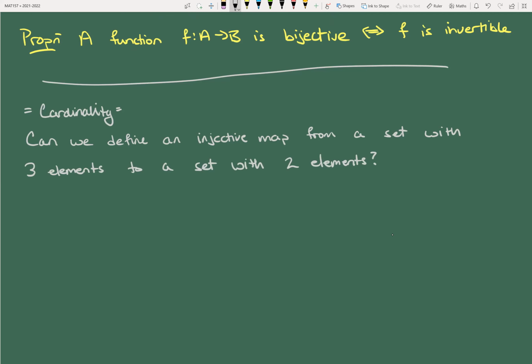Okay, is that possible? Can I define an injective map? Okay, you all say no, why not? Give me some sort of heuristic. If you actually know the name of the principle which allows you to do this, you can say it, but why can't I?